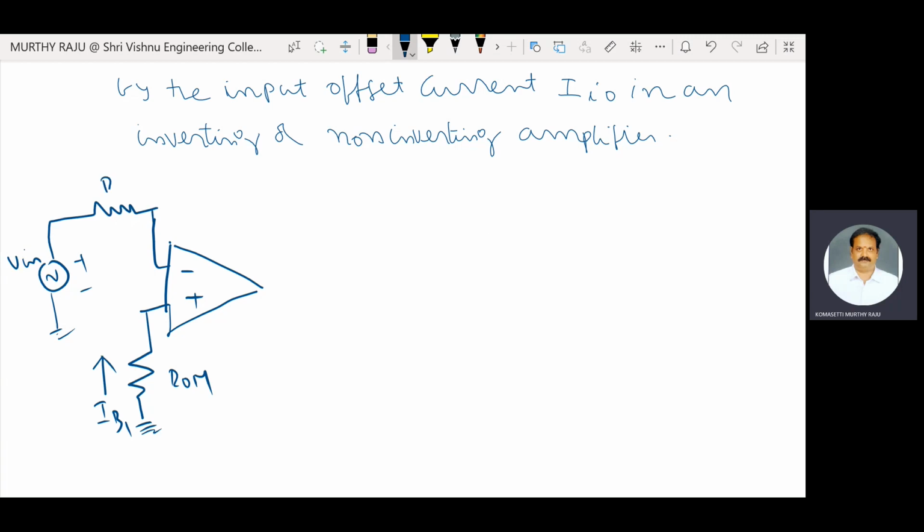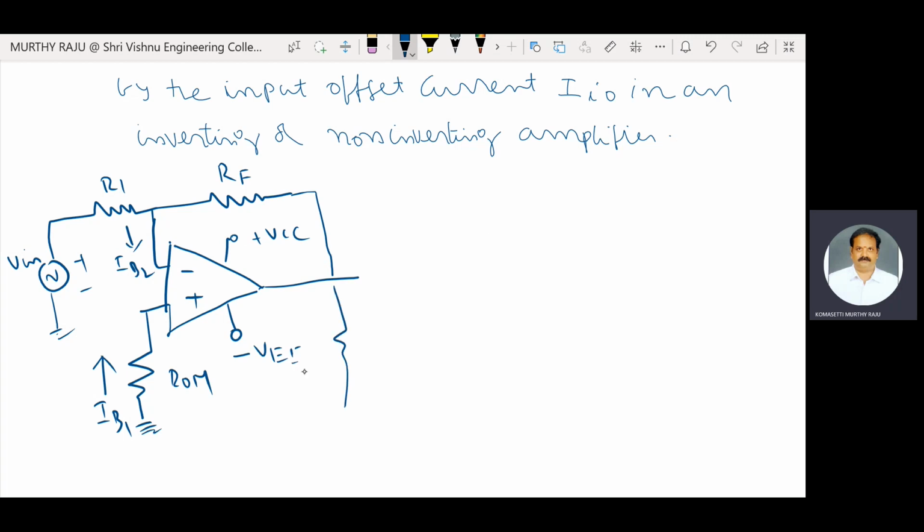This one is R1, RF, IB2, plus VCC and minus VE. RL. Output voltage V0. This is the inverting amplifier configuration.